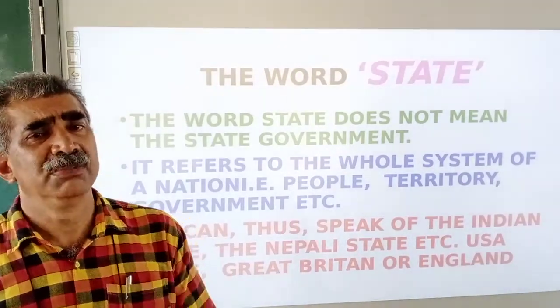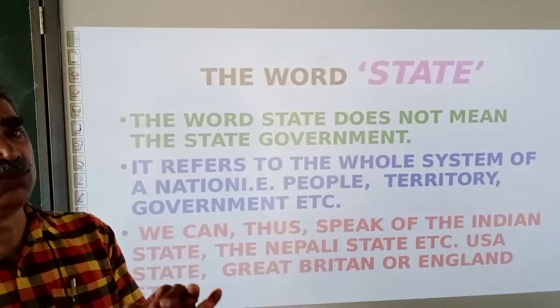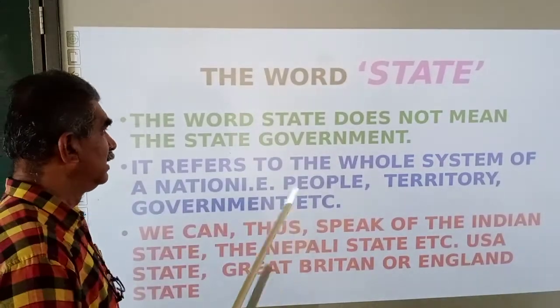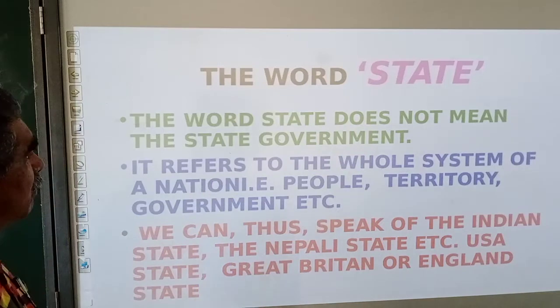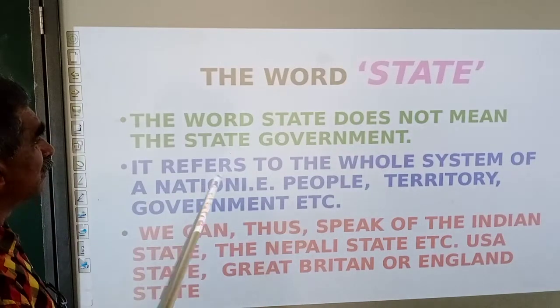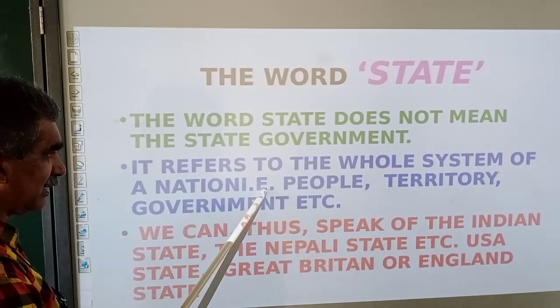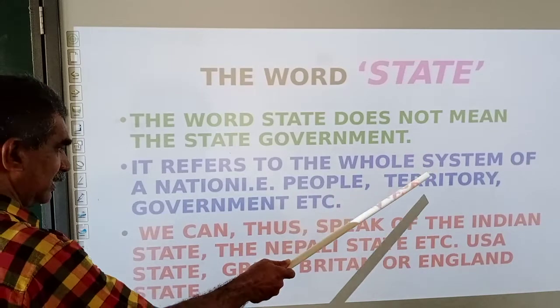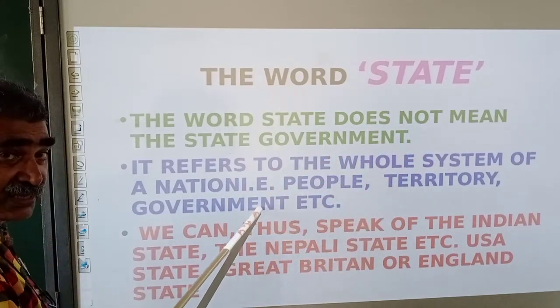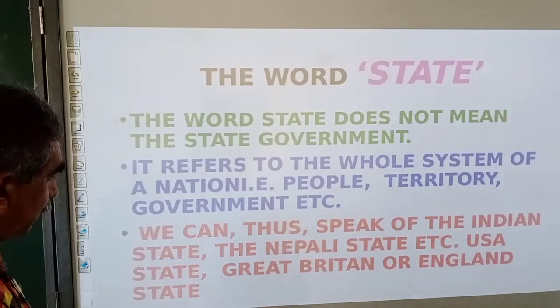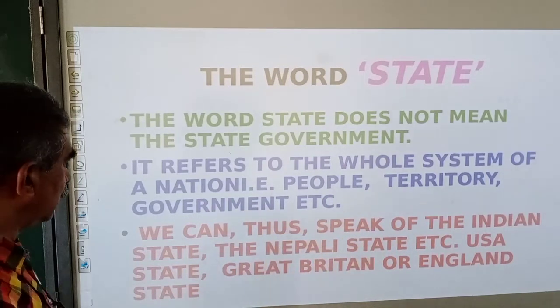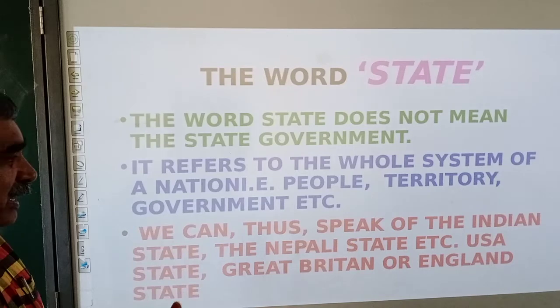But usually in political science, we use the word state. The word state does not mean the state government. It refers to the whole system of a nation, that is, people, territory, government, etc. We can thus speak of the Indian state, the Nepal state, etc.